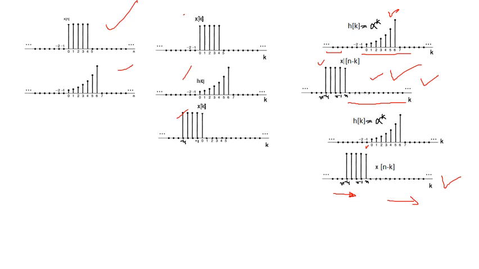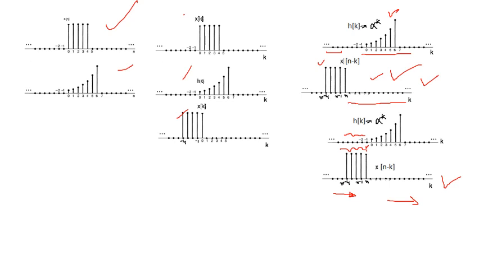Why? Because the input signal is non-zero in this portion but the response is 0 here, so the product will be 0 and the summation of the zeros will be 0.